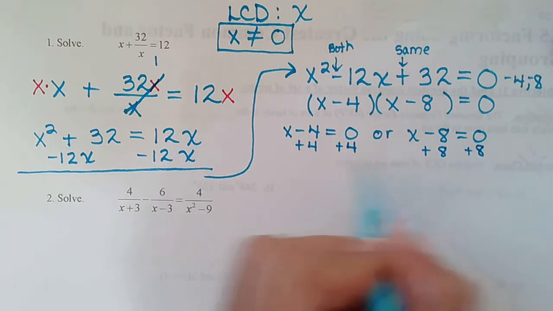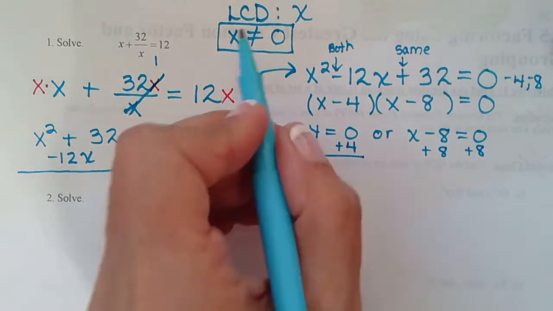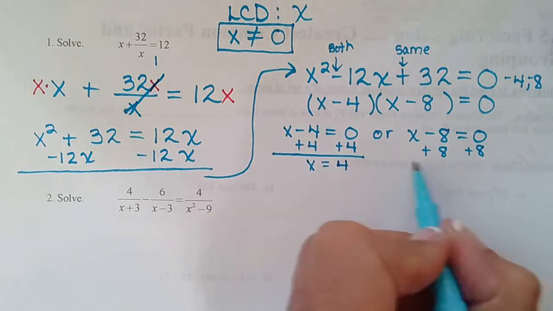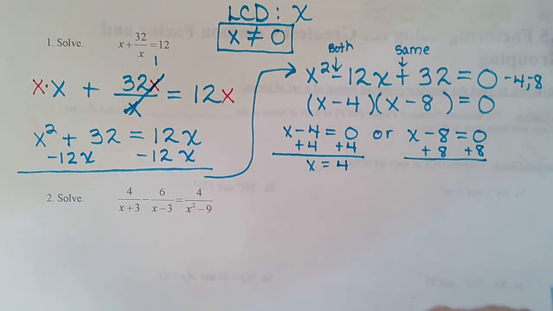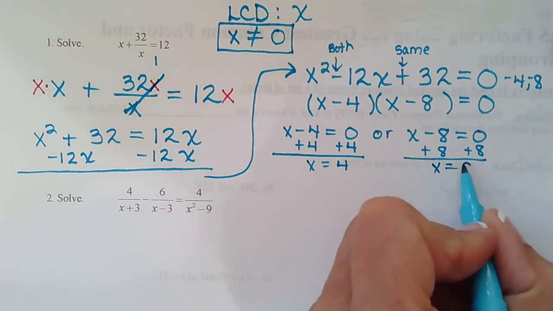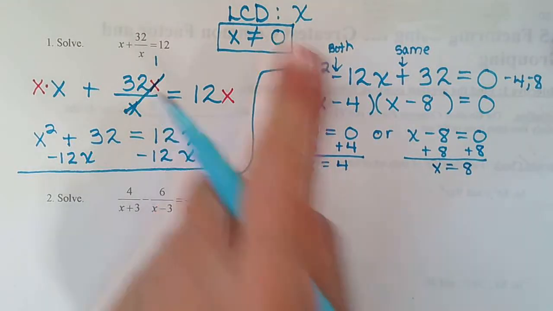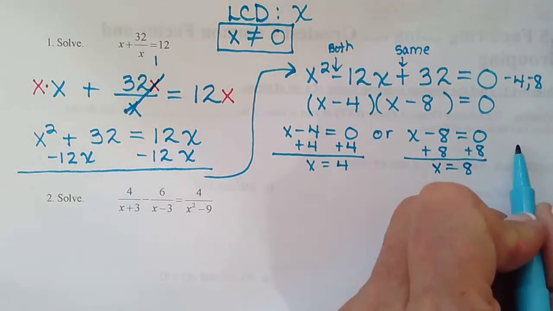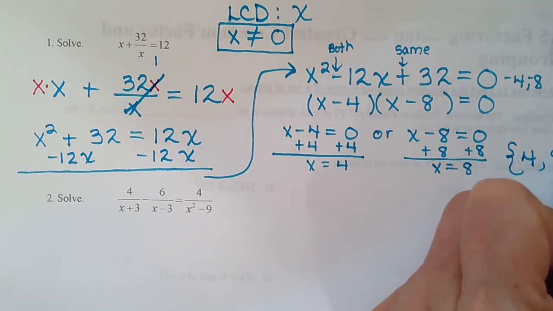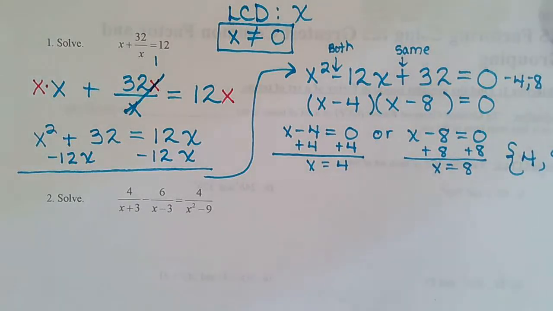We just have to make sure neither solution is in the restriction box. This is x equals 4. Well, these are called potential solutions, not possible solutions, potential. 4 is not in the box, 8 is not in the box, so they are actual solutions. So we show the reader that they both are valid.